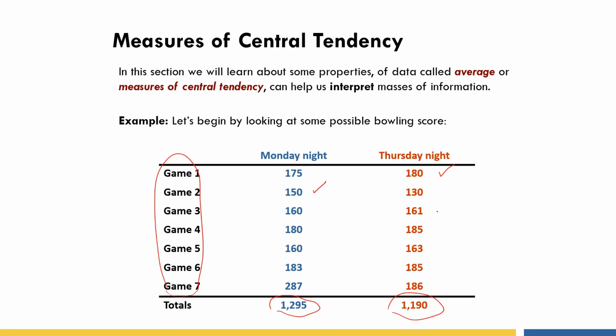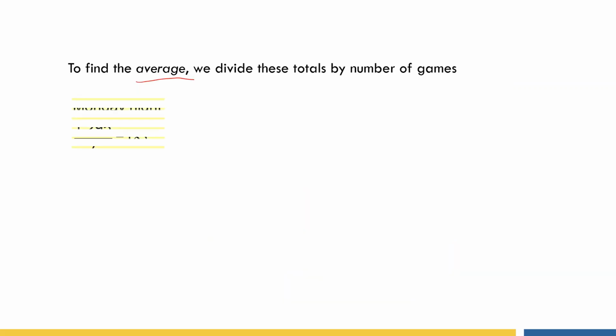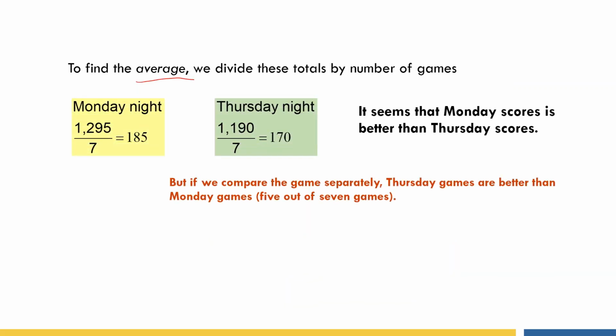Game 3 Thursday. Game 4 Thursday. Game 5 Thursday. And game 6 also Thursday. Game 7 is Monday. Now when we look at this, it looks like Thursday night has 5 games that are higher than Monday night. Okay, 5 out of 7 games.